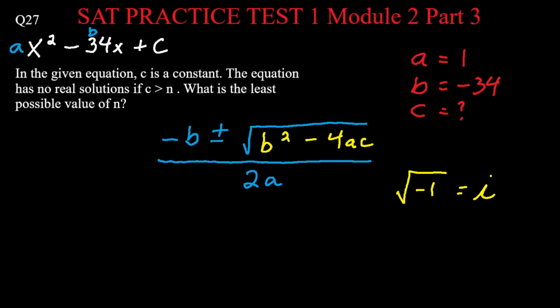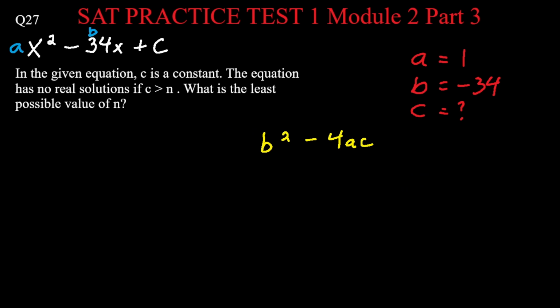What we do is pull the discriminant out and work only with that part. We know b is minus 34, and we know that a is 1. Then we square minus 34, which is 1156, minus 4 times 1, which is just 4, so 4c. Now I need to know what number c I'm allowed to put in here for this to still be positive, or 0.